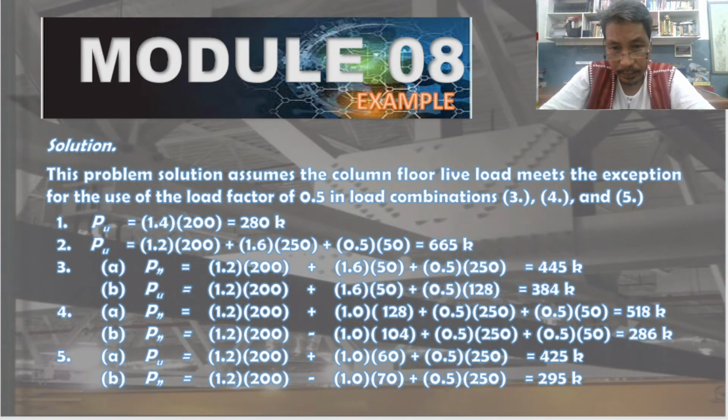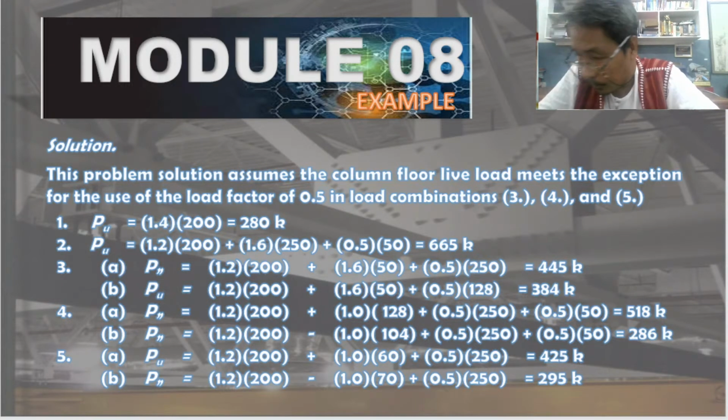There are 2 for equation number 3, A and B. So letter A: 1.2 times dead load plus 1.6 times group live load, plus 0.5 times live load. So that becomes 445.